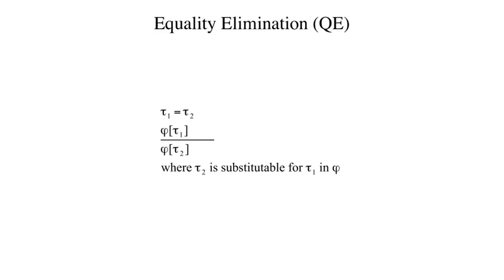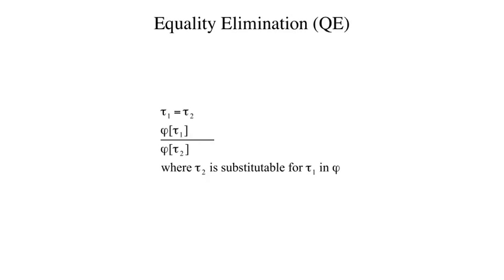Our second equality rule is equality elimination, or QE. Equality elimination tells us that when we have an equation and a sentence containing one or more occurrences of one of the terms in the equation, then we can deduce a version of the sentence in which that term has been replaced by the other term in the equation.